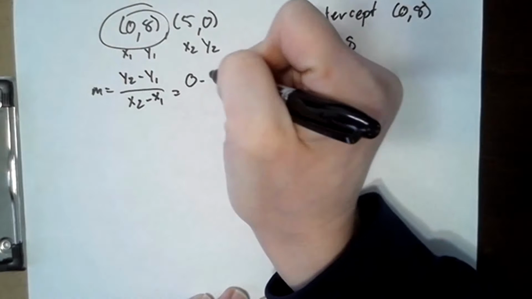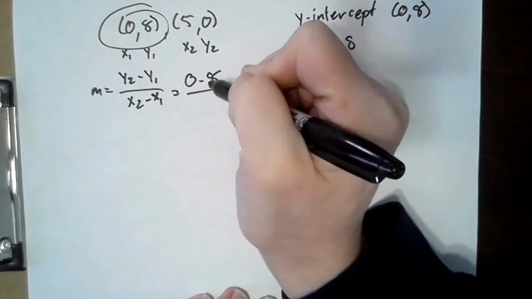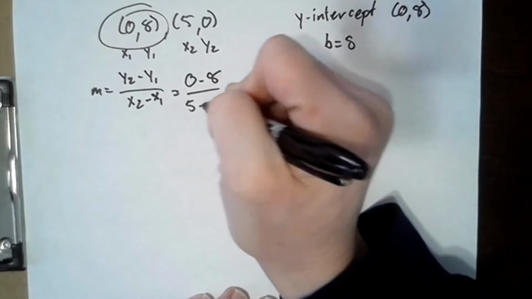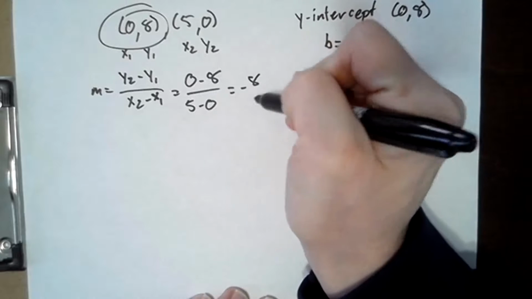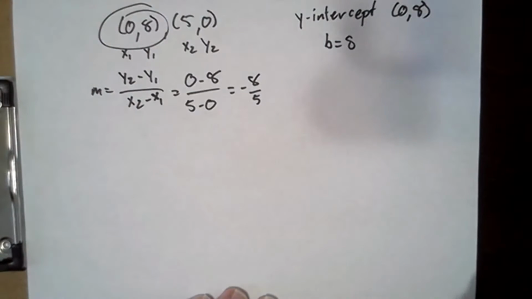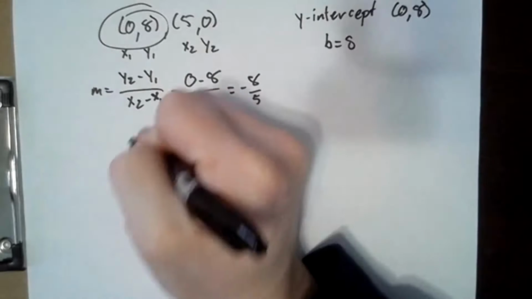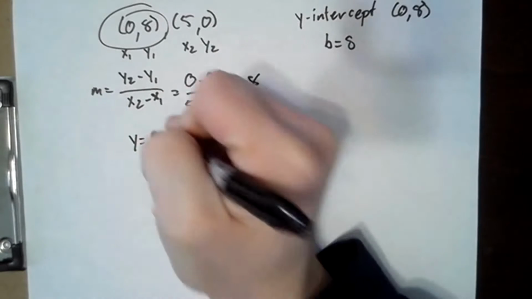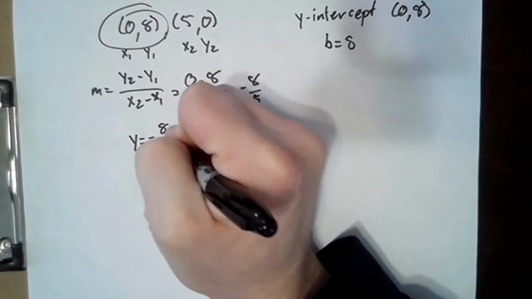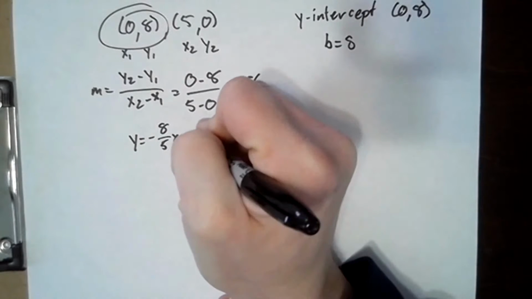So that gives us 0 minus 8 over 5 minus 0, or -8/5. So in slope-intercept form, this equation is y equals -8/5 x plus 8.